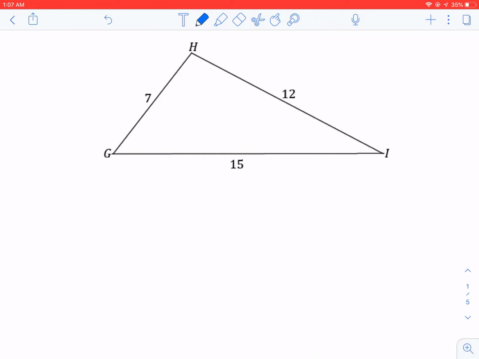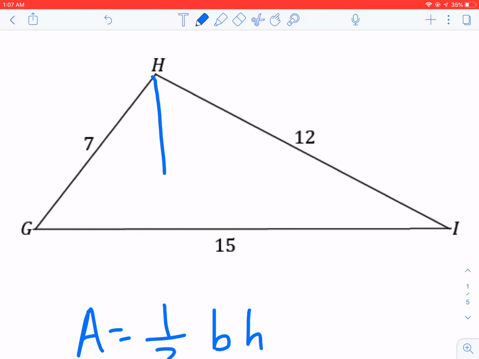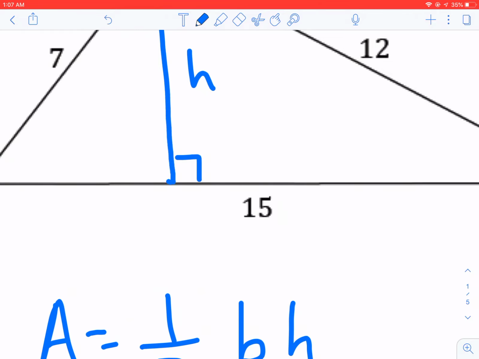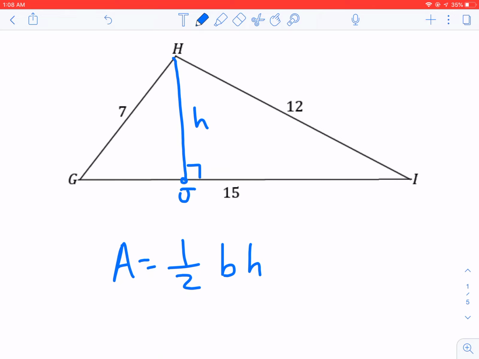Alright, so it's a triangle. We know the area of any triangle is 1/2 base times height. Alright, so let's draw in a height. And I think we would all agree this is the easiest height to draw in. So I'm going to call this point J. So that height HJ, I drew in an altitude, right, is going to be my height.